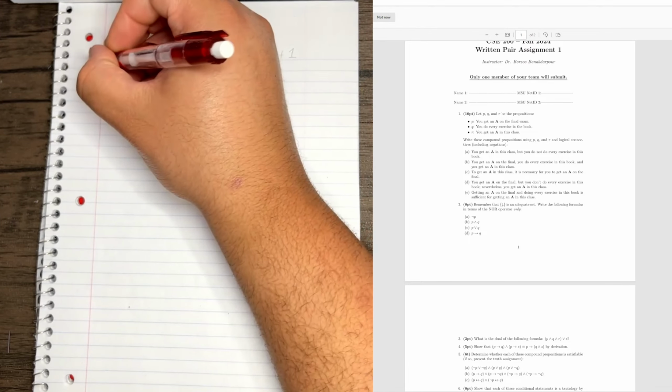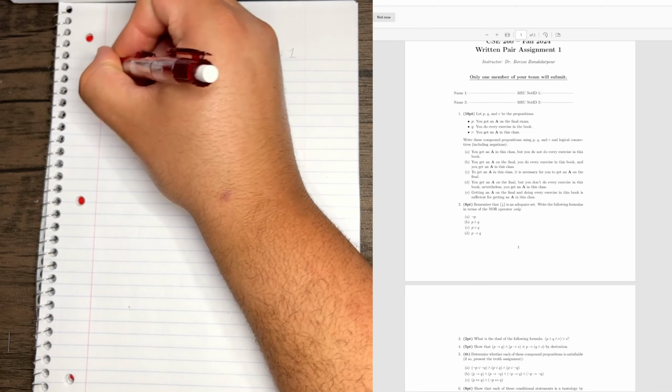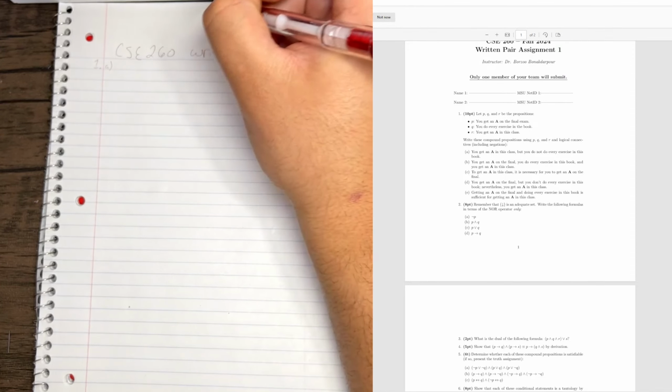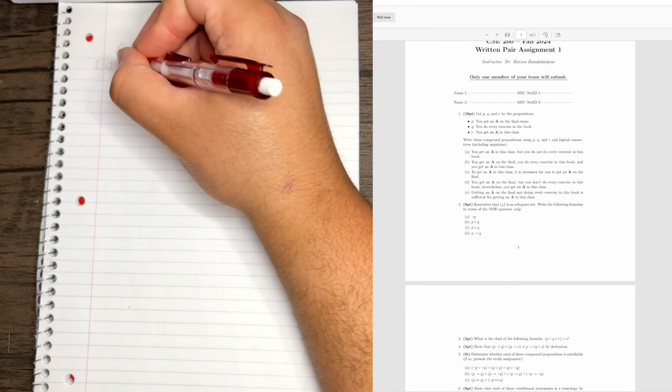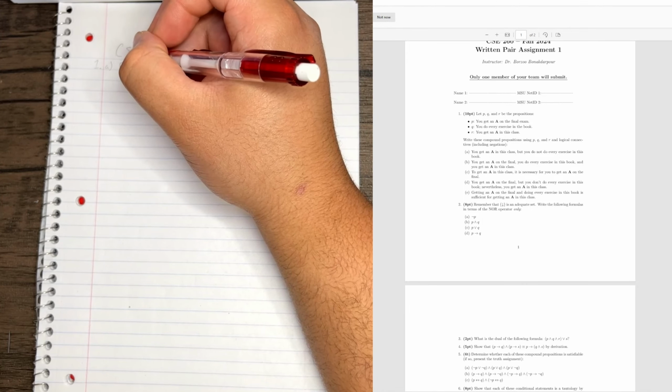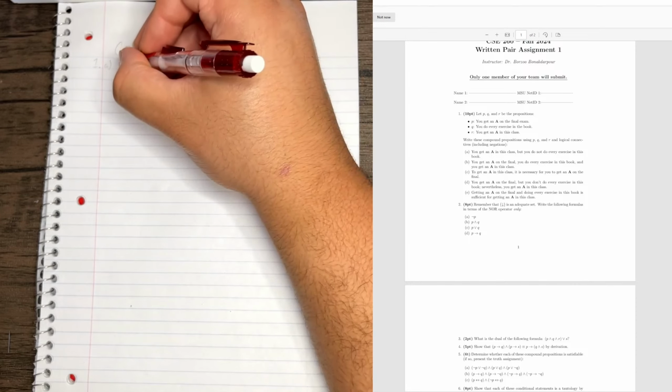Write these compound propositions using P, Q, and R and logical connectives, including negations. Okay. So this is actually really easy. A, we do get an A in this class, so R. But we have an and.